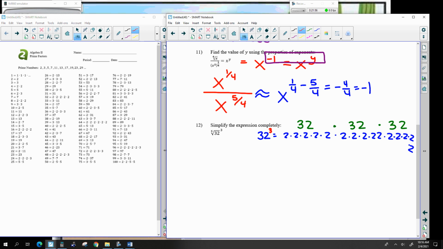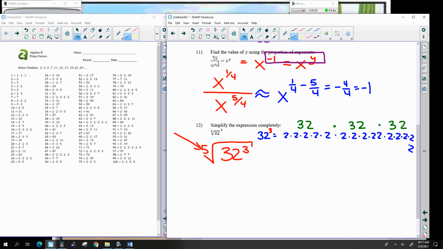All right, so that's what 32 to the third power is. If this is on the inside of a fifth root, that means I'm trying to make groups of 5. If I can make a group of 5, it can come to the outside.